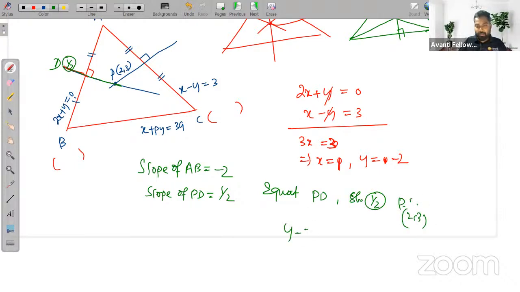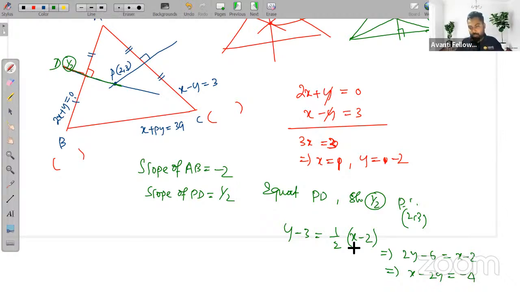That is y minus 3 equals half into x minus 2. So the equation becomes 2y minus 6 is equal to x minus 2, that is x minus 2y is equal to minus 4.